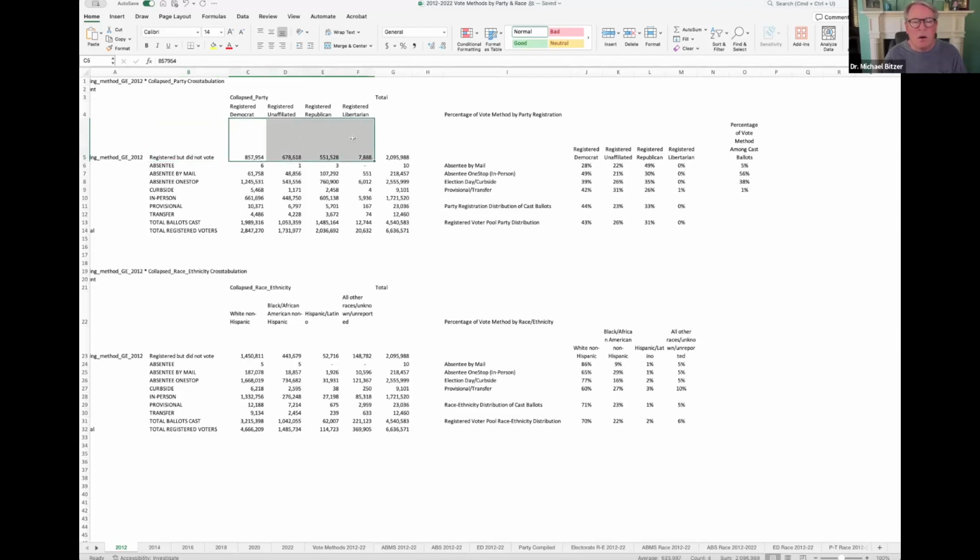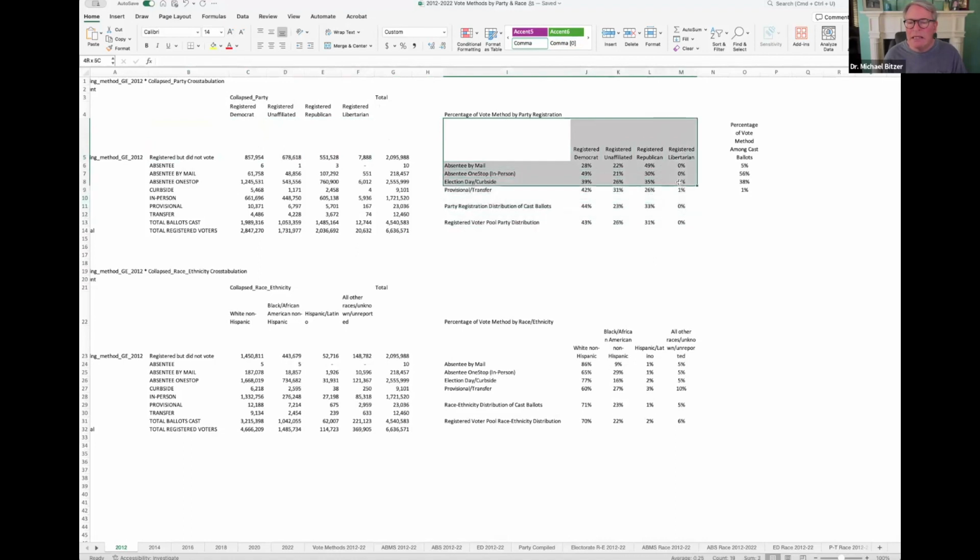So these are all the 2 million North Carolinians in 2012 who were registered, did not vote, broken down by party registration. And then, as I was saying, this area over here is probably the more helpful one for each election, gives the percentage breakdown by vote method. So again, in 2012, the absentee by mail, 28% registered Democrats, 22 unaffiliated, 49 Republican.